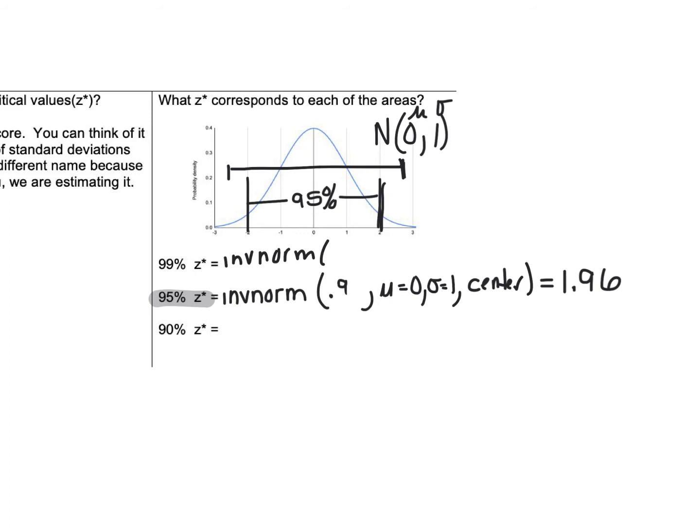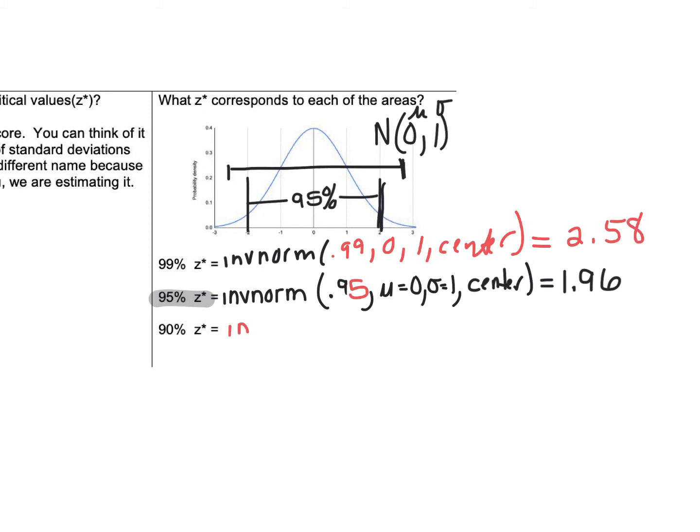I did 0.95, I talked about 0.95, found 0.95, and wrote 99. All right, but for this one, we're doing 0.99, 0, 1, and center in inverse norm to get z-star. That gives me 2.58. Now, if you're not doing this with me, I highly suggest you do.